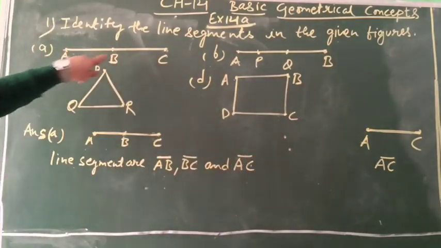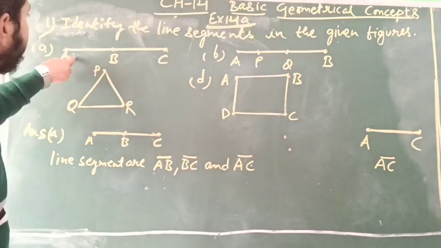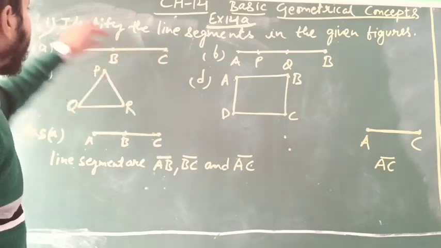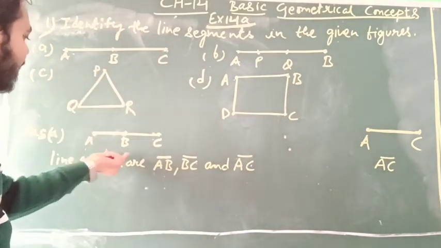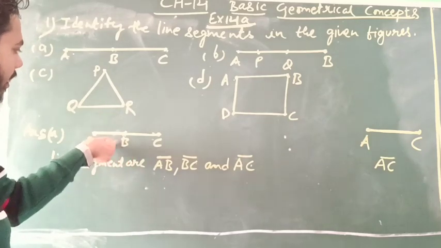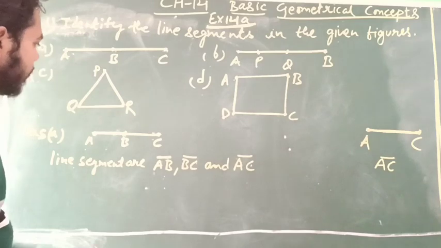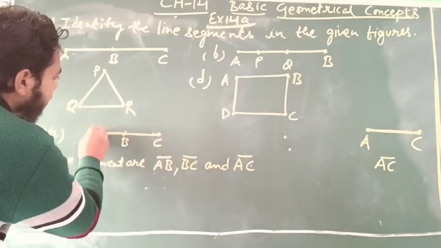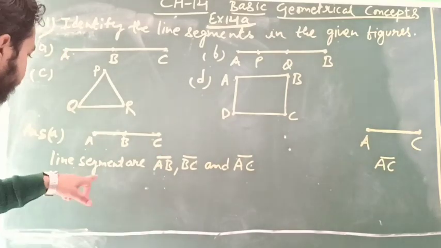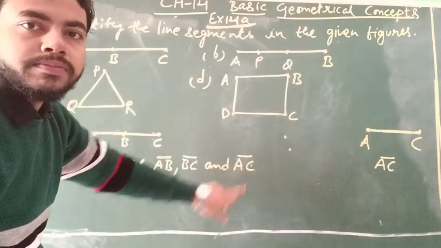So in the first figure we see that there are 3 line segments: AB, BC and AC. So we have written the line segments are AB, BC and AC.